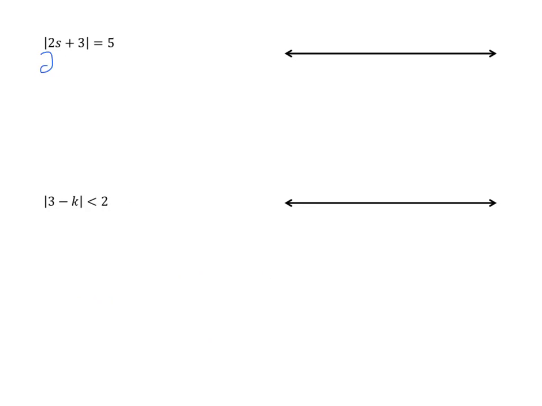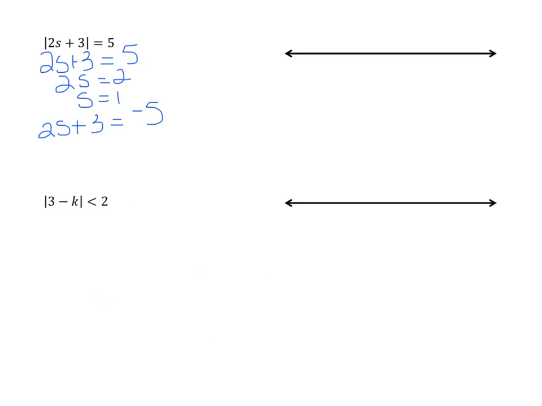We're going to say that 2s plus 3 will be equal to 5, or 2s plus 3 will be equal to negative 5. And we'll solve both of these the same way. So 2s is equal to 2, s is equal to 1.